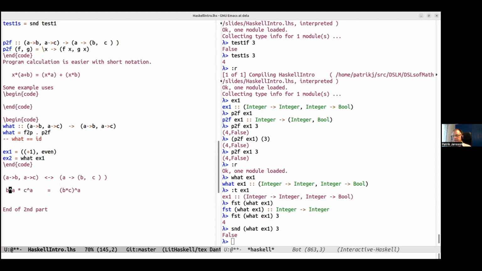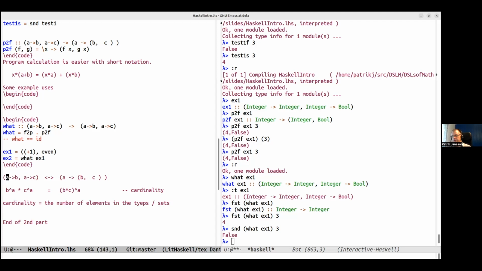So this expression here is about cardinality. So the cardinality equals the number of elements in the type's set.